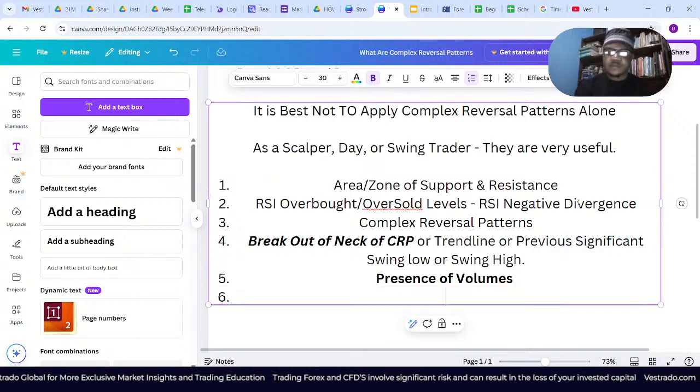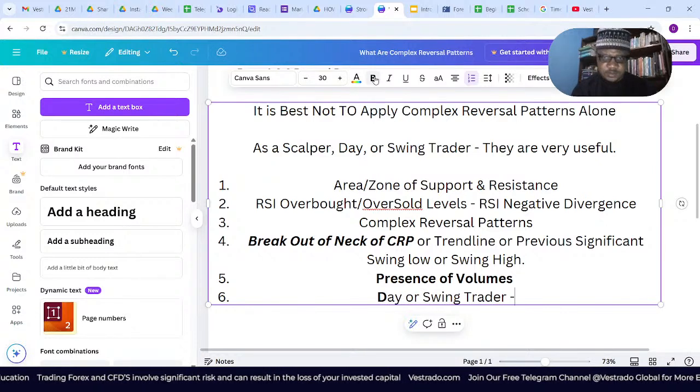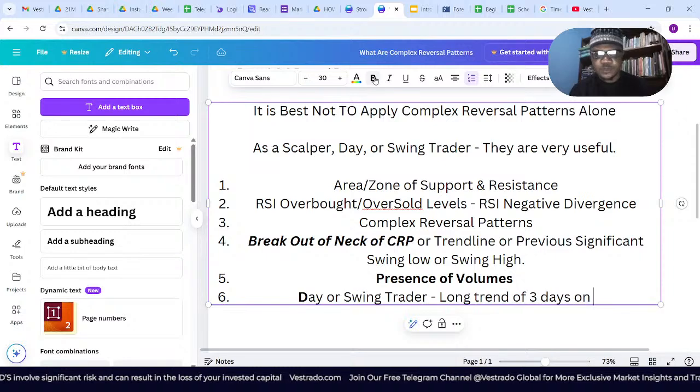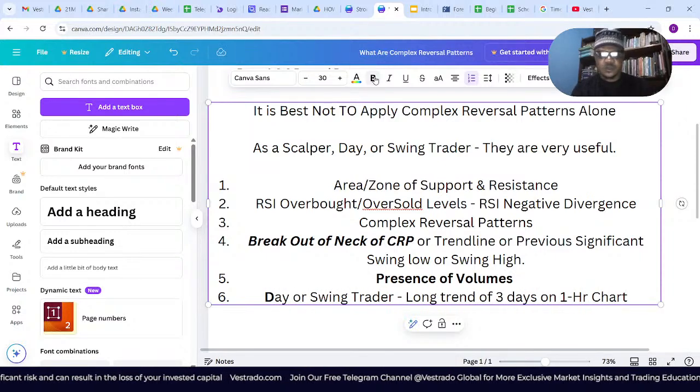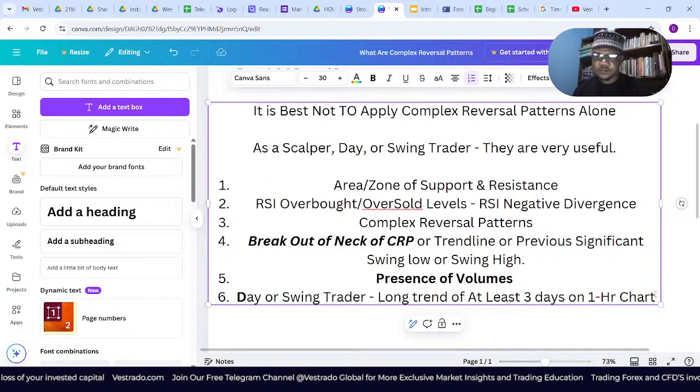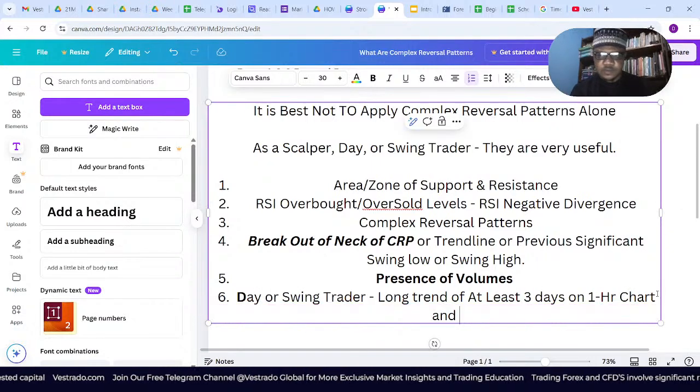For me, okay, if I'm trading as a swing trader or day trader, I like to see a long trend of at least 3 days on the 1 hour chart, and then a long trend of at least 2 weeks on the 4-hour chart.